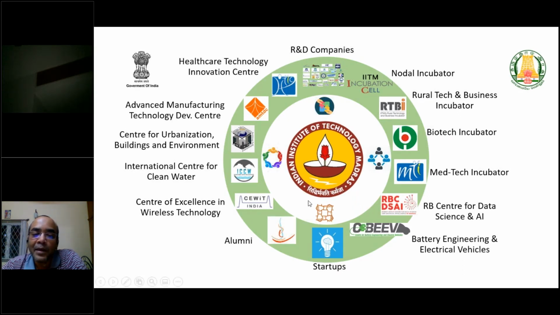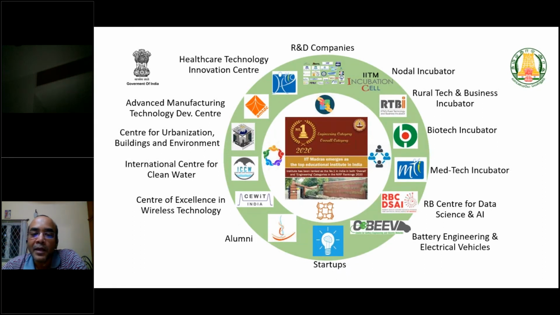That's what I was mentioning before: you have the academia right in the middle, then the centers, and then the companies and startups that essentially make this a worthwhile innovation ecosystem. And obviously IIT Madras, as you know, is one of India's top institutions, and for the past 4 or 5 years it has been ranked number one in the engineering category as well as the innovation category.